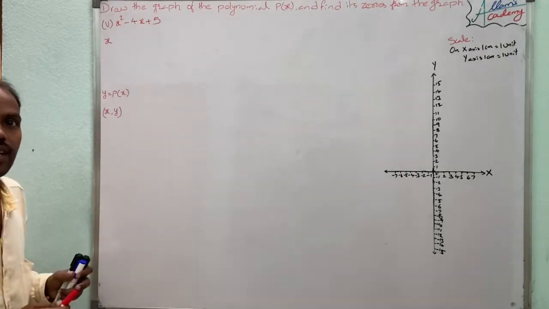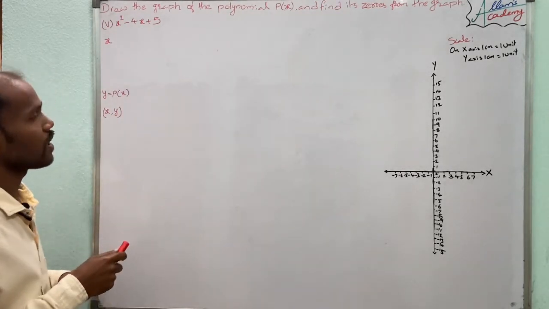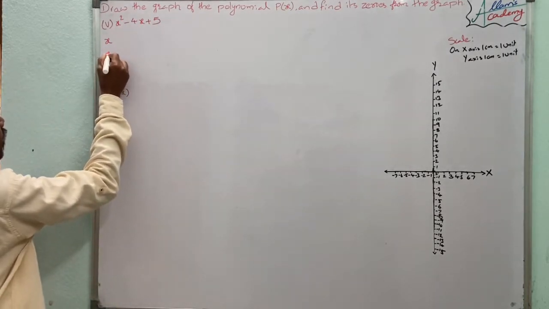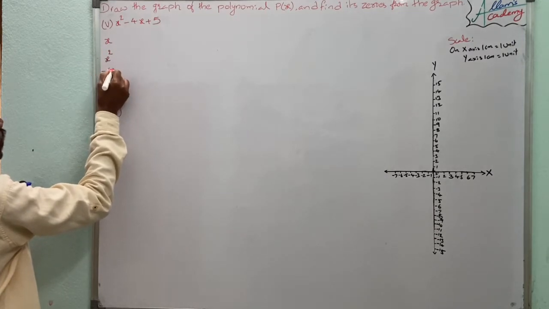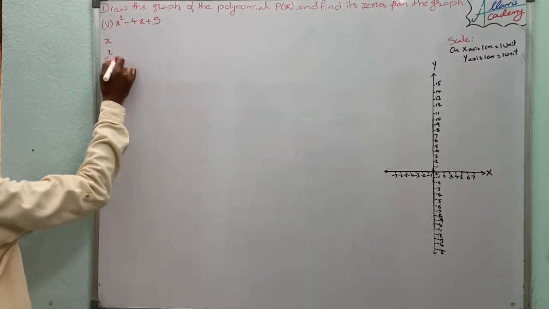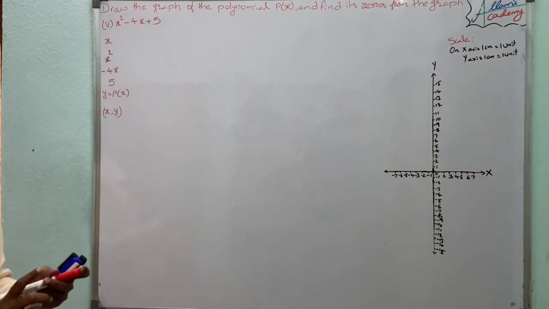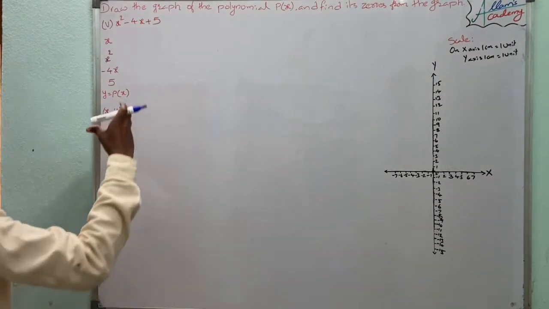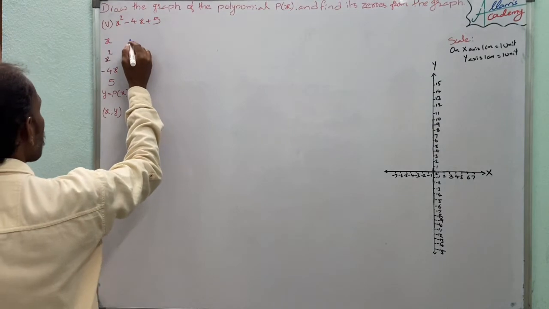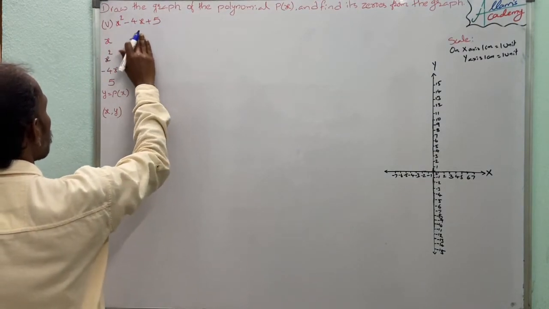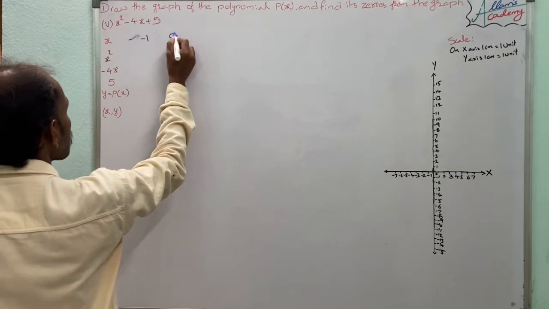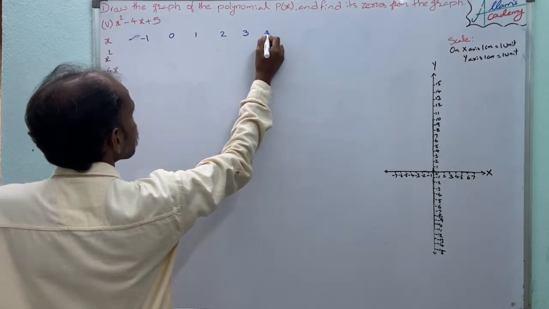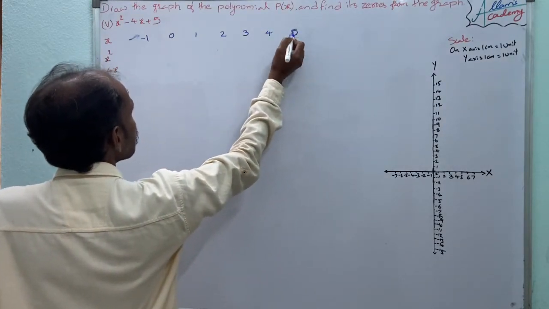For that, we first find x square, next minus 4x, and to these we add the constant number 5. The x values are taken from -1 to 5. So -1, 0, 1, 2, 3, 4 and 5.